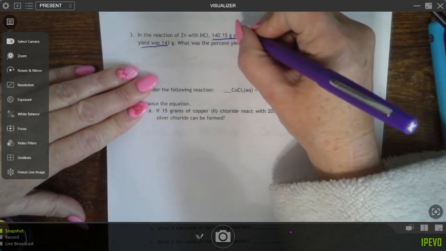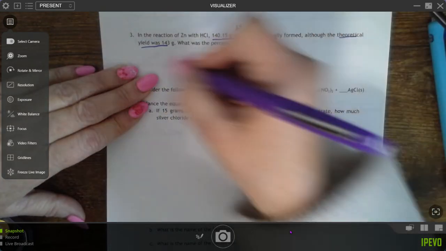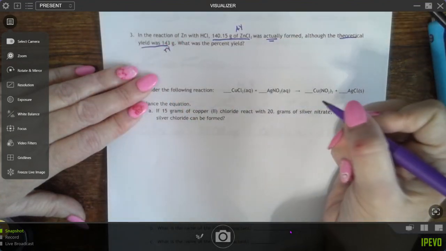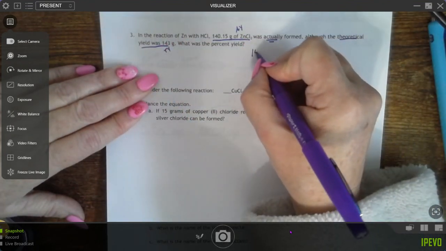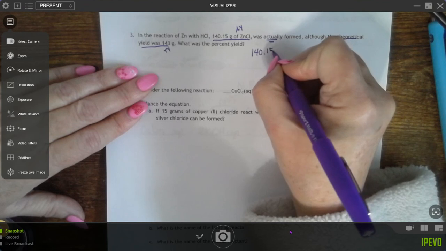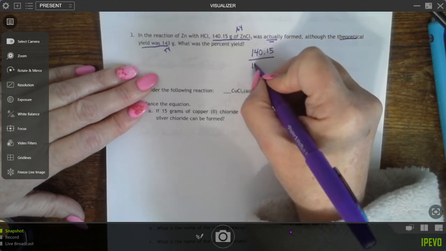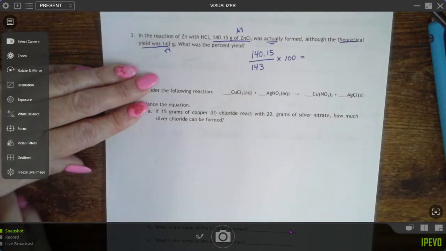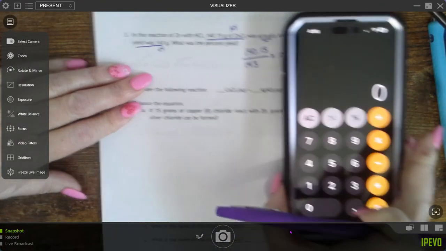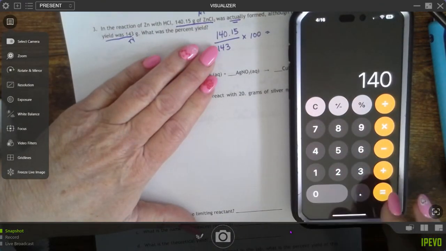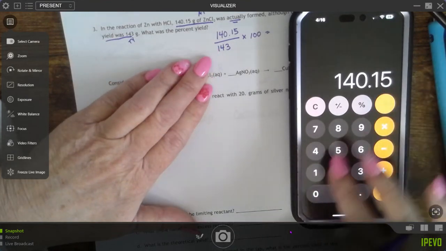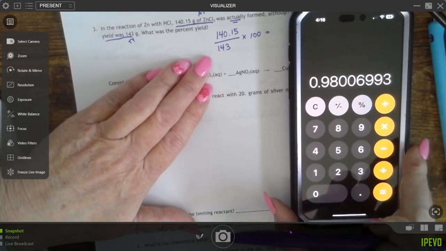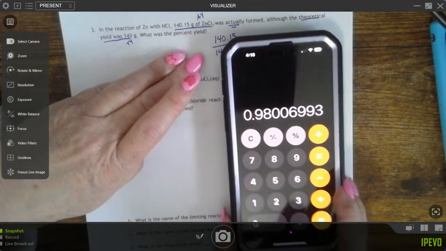Okay, so this is our actual yield, and this is our theoretical yield. So we're going to take actual 140.15 over theoretical 143 times 100, and we will get 140.15 divided by 143 is, whoa, that's a good reaction, times 100.